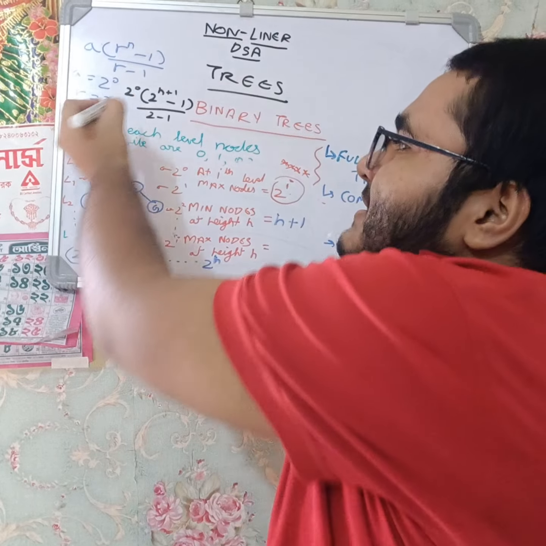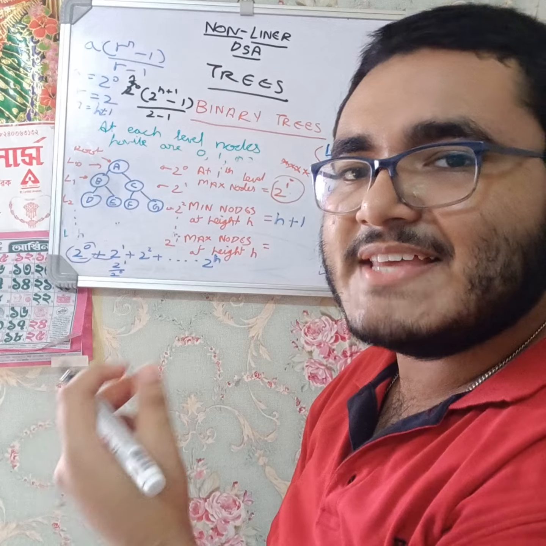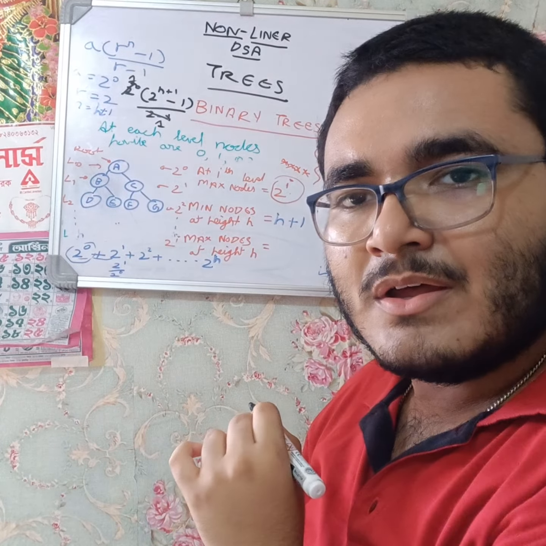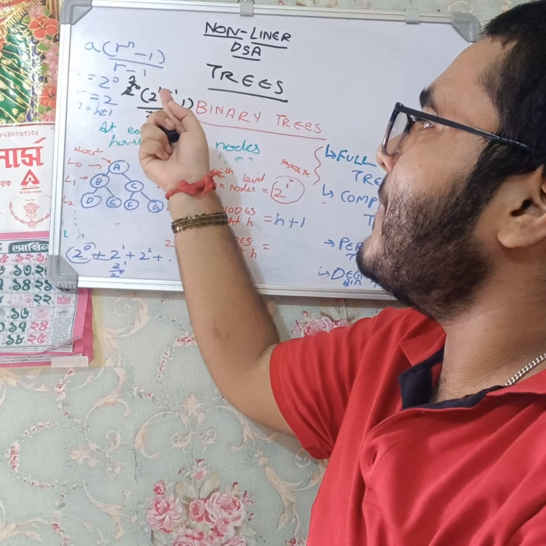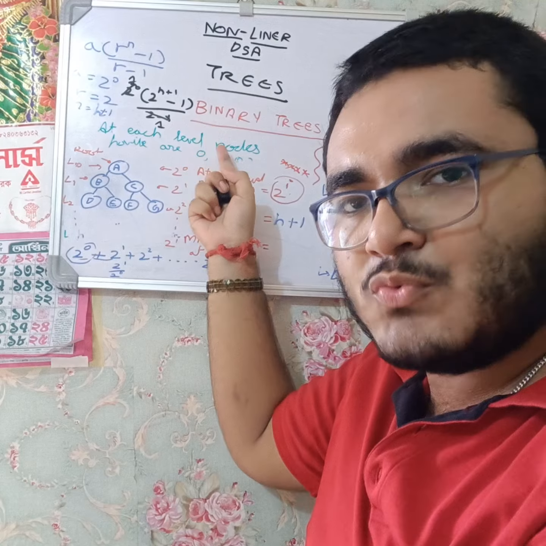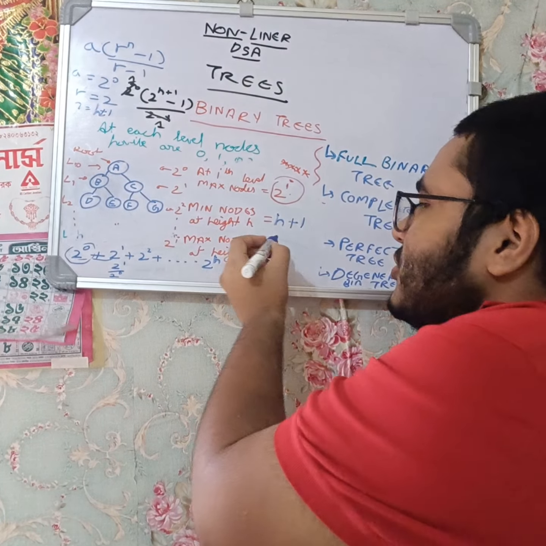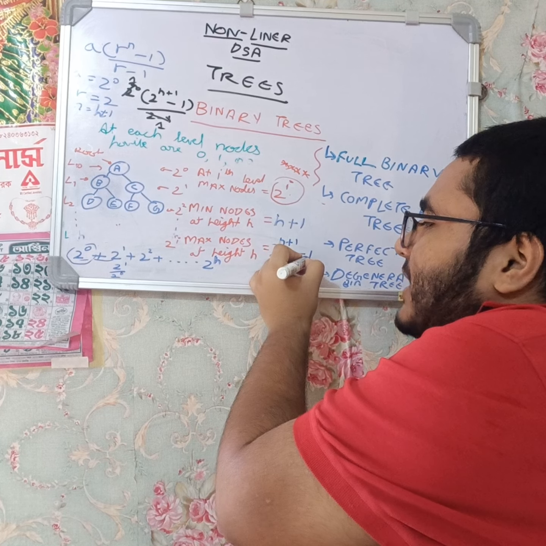Now 2 to the power 0 becomes 1, and 2 minus 1 is 1. So what is remaining, 2 to the power h plus 1 minus 1, is our maximum nodes possible at height h.